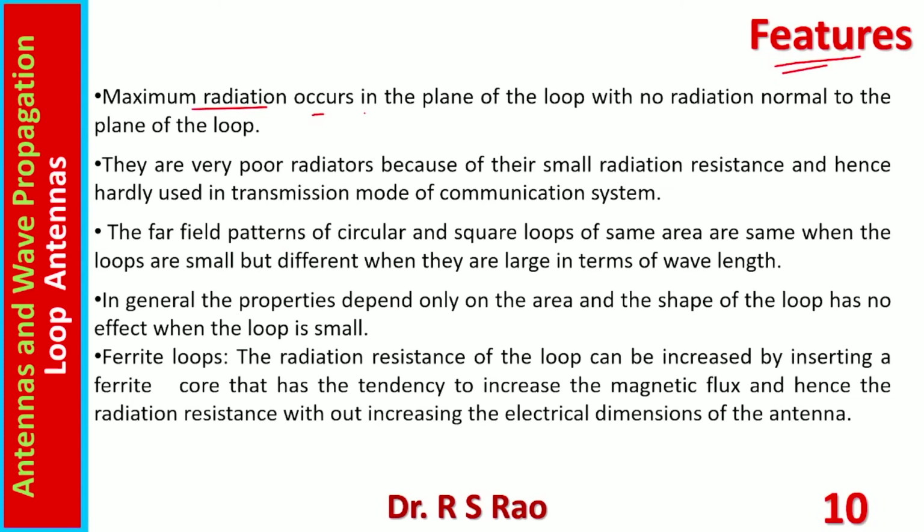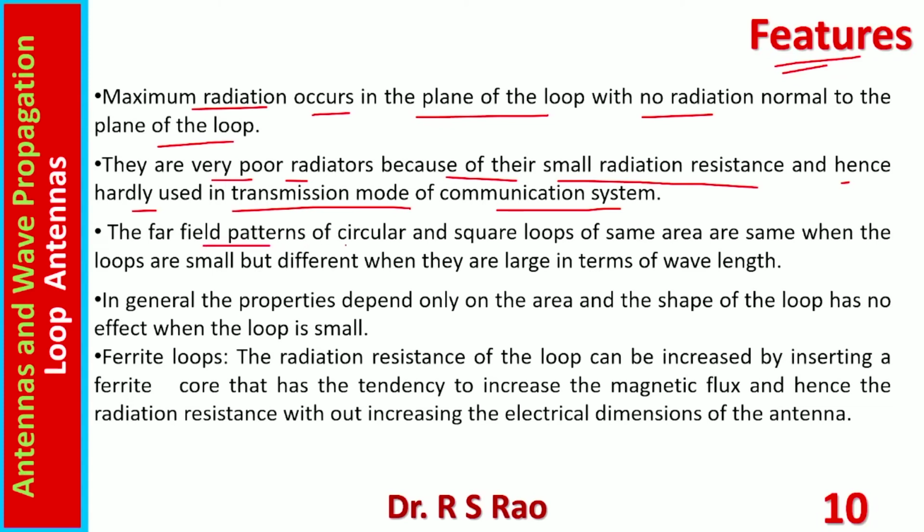Some important features pertaining to loop antennas. Maximum radiation occurs in the plane of the loop with no radiation normal to the plane of the loop. They are very poor radiators because of their small radiation resistance and hence hardly used in the transmission mode of a communication system. Poor radiators, hence they are not used as transmitting antennas.